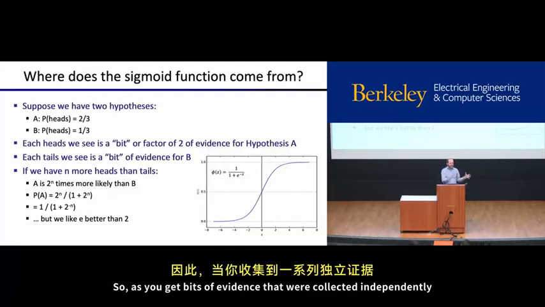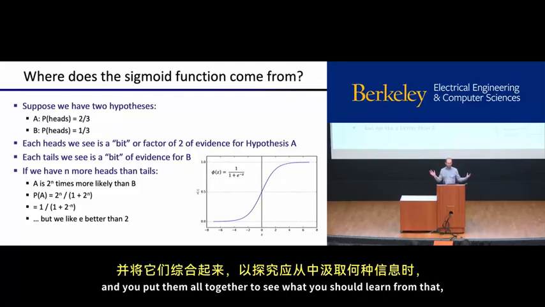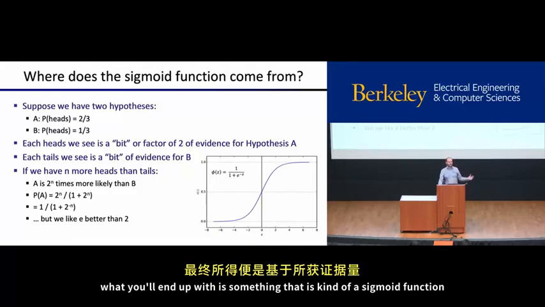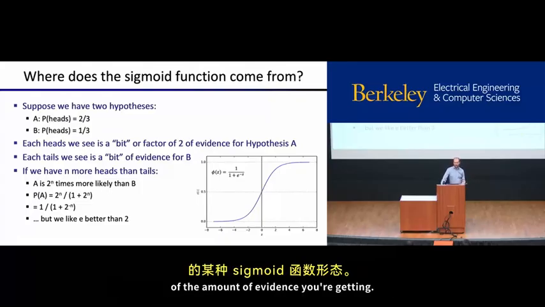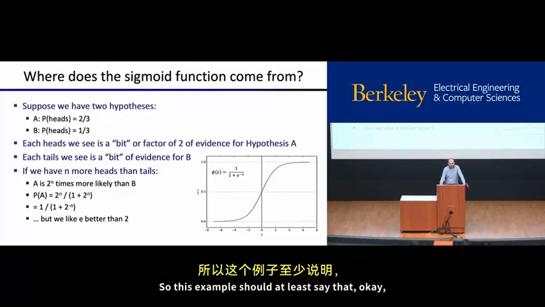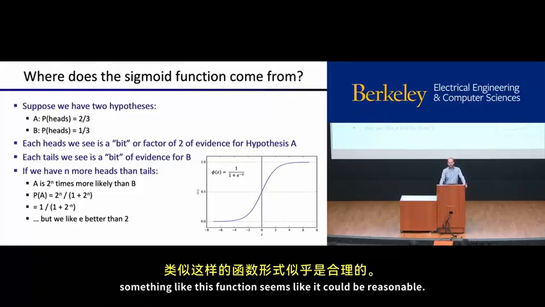So as you get bits of evidence that were collected independently, and you put them all together to see what you should learn from that, what you'll end up with is something that is a sigmoid function of the amount of evidence you're getting. So this example should at least say that something like this function seems like it could be reasonable.